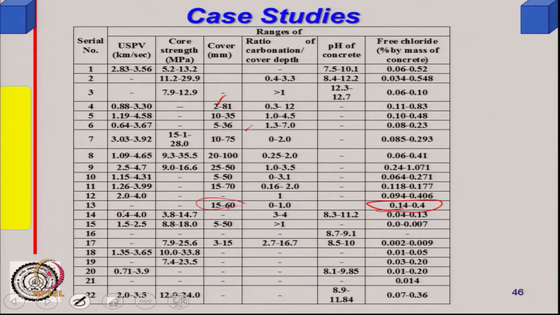It had relatively much higher chloride than most of them, going up to 0.4 percentage by mass of concrete. Beyond 0.025, the risk of corrosion becomes very, very high. This is percentage by mass of concrete, not percentage by mass of cement.